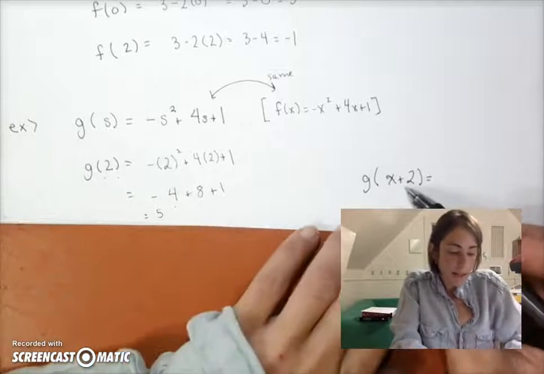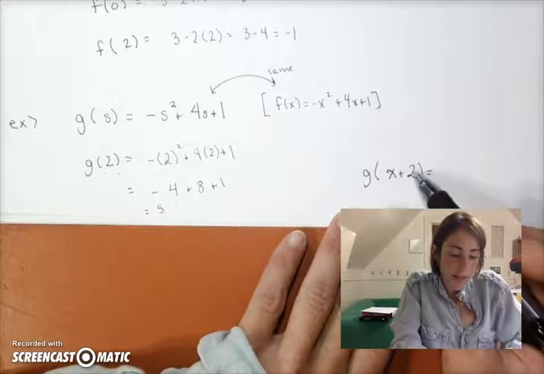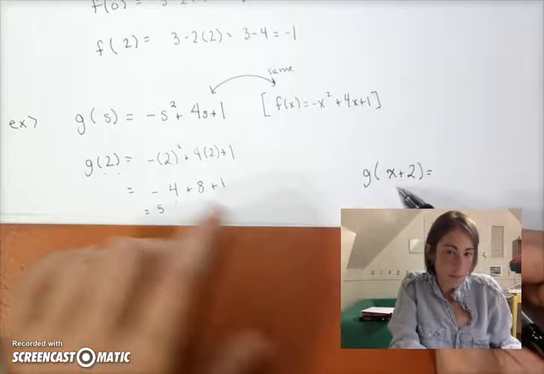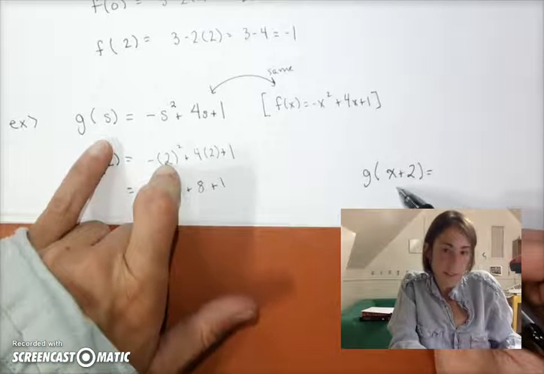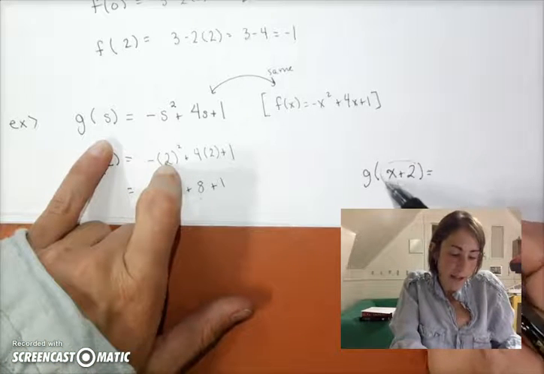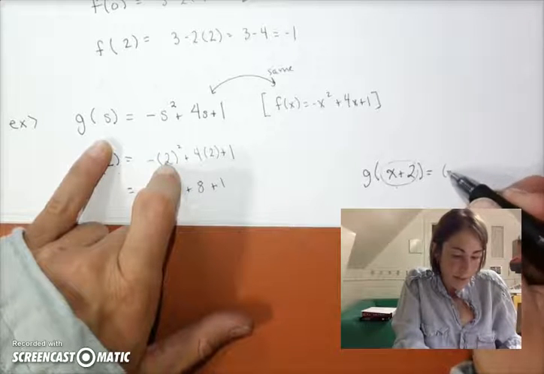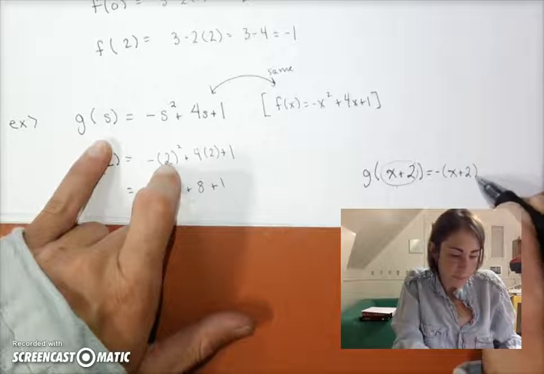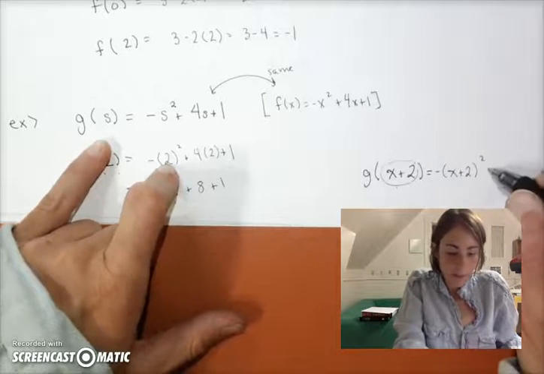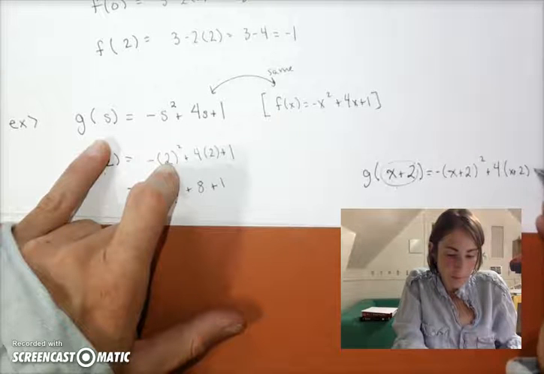Now what I'm saying here is I want to evaluate when s is x plus 2. So instead of plugging in 2 for s, I'm going to plug in this entire expression for s. So I'll get negative in the front, x plus 2, quantity squared, plus 4 times x plus 2, plus 1.